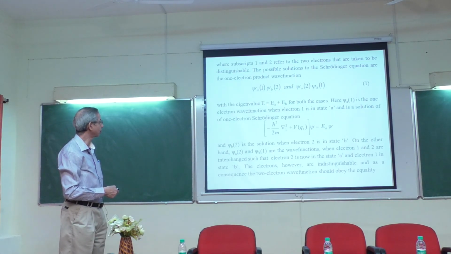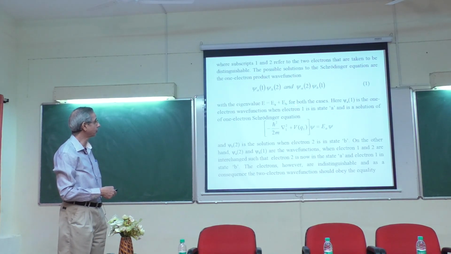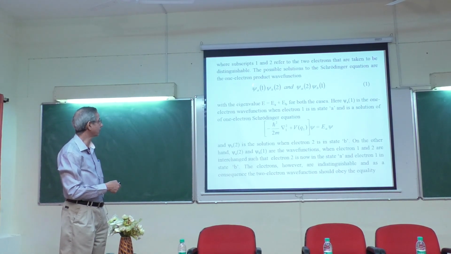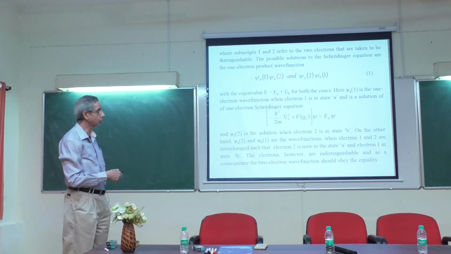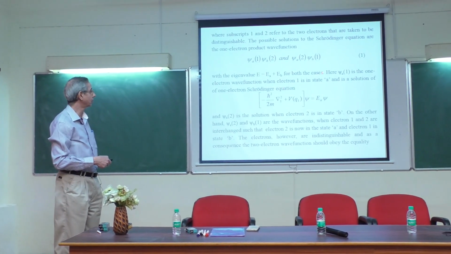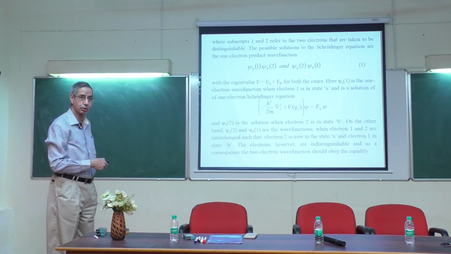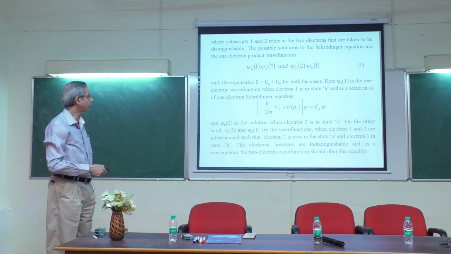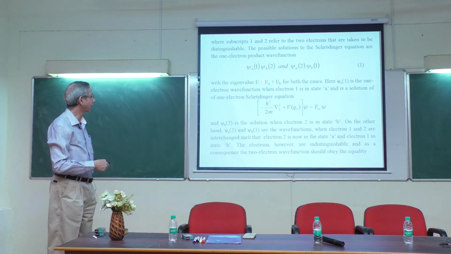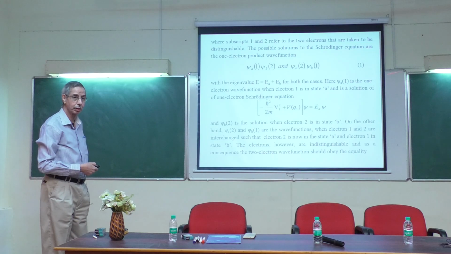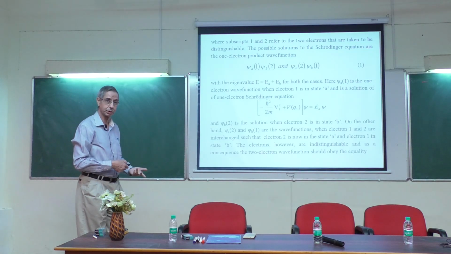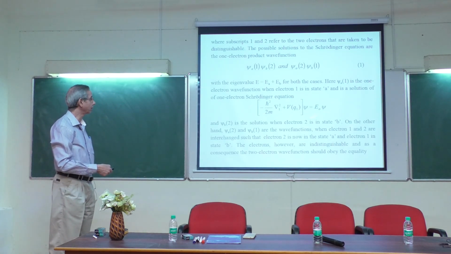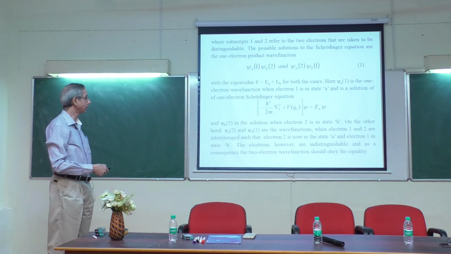The total eigenvalue for the two-electron system is E equals EA plus EB for both cases. Whether you take this as the wave function for the total two-electron system or this one, both will yield this as the total energy. Each of these energies is the solution of individual Schrodinger equations. For electron 1, the Schrodinger equation is this, with eigenvalue EA.